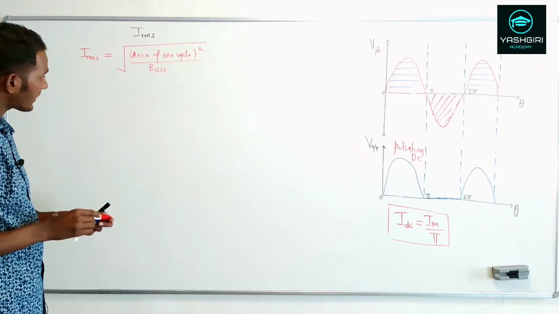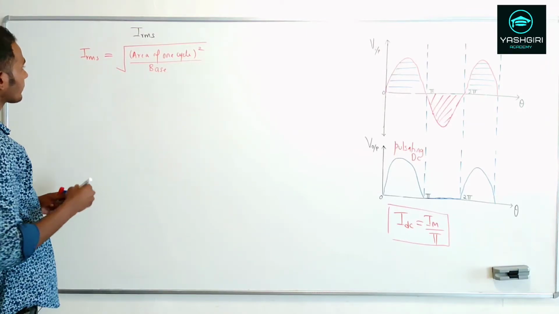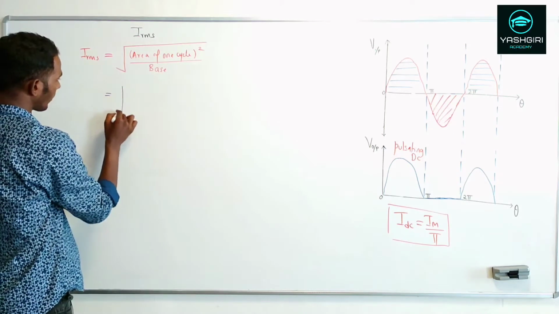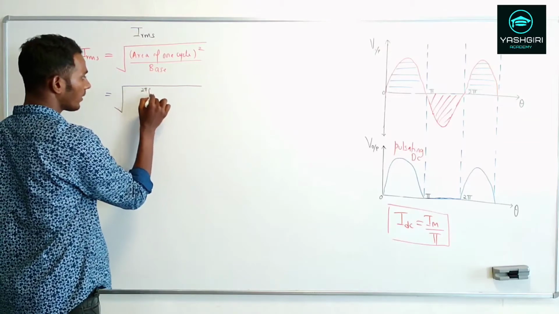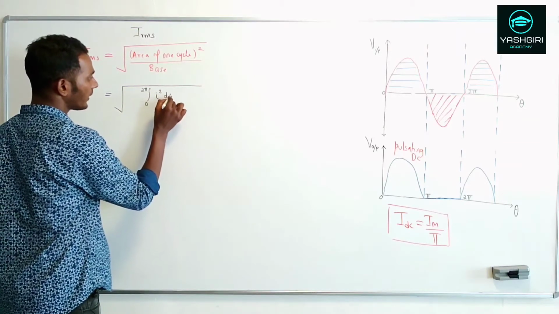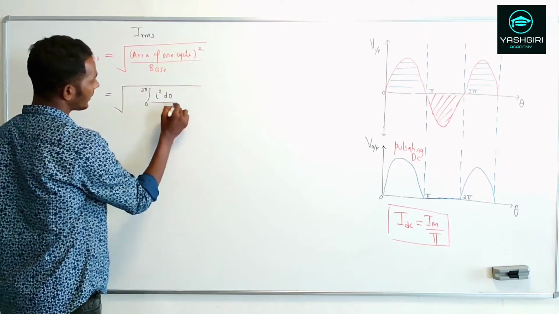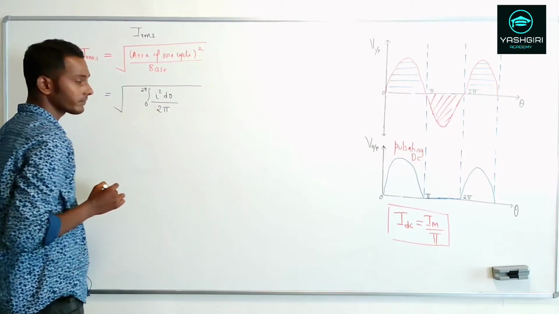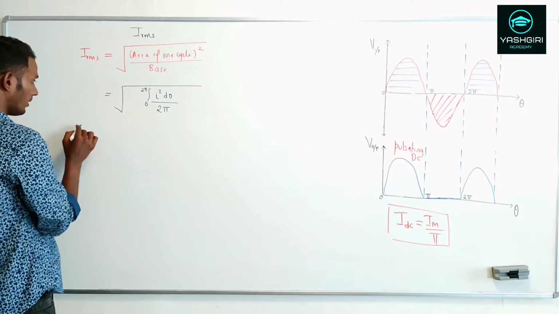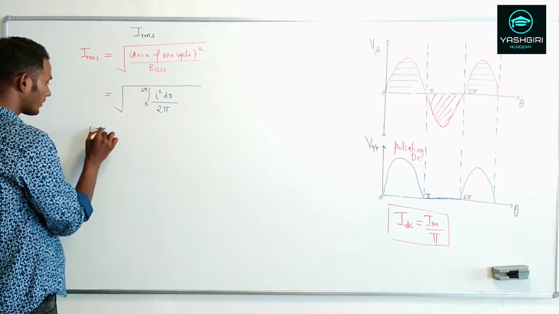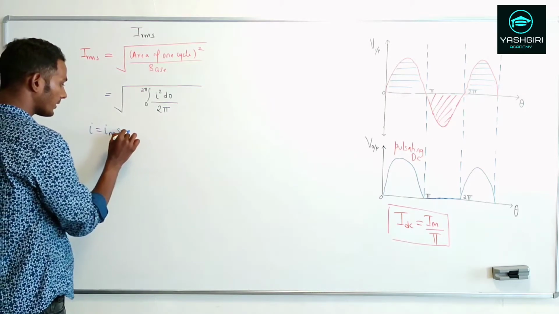Now what we know is that the area of one cycle is from 0 to 2 pi. So it's the integral from 0 to 2 pi of I square d theta this time, because it's the whole square, divided by its base, that is 2 pi. Now again, what I know is the limit, so the current I is equal to Im sin theta.